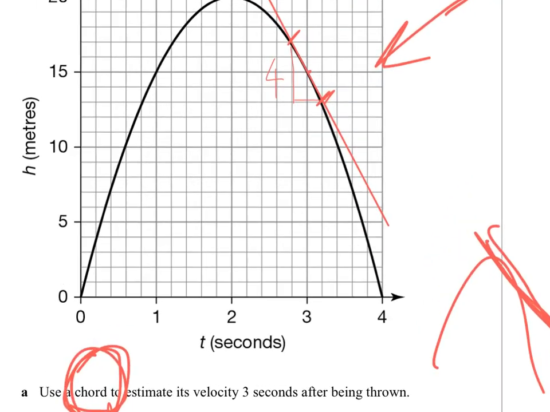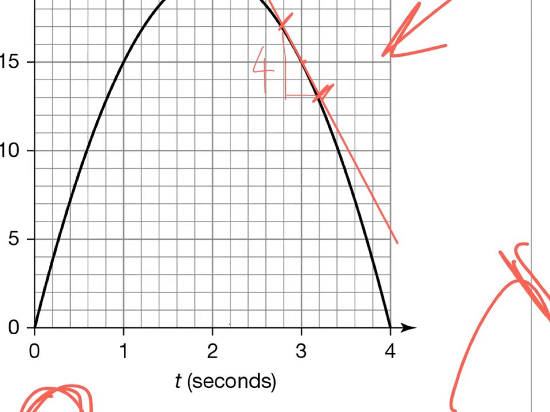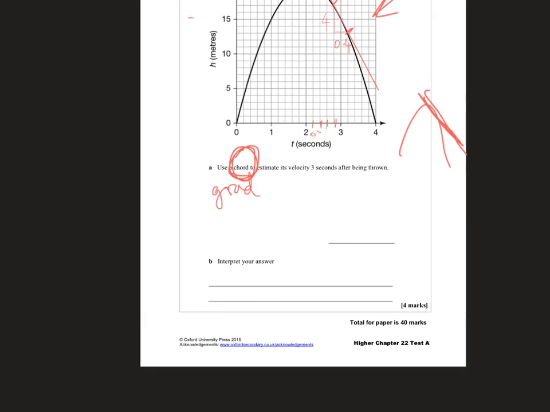But the scale on my x-axis is not the same. If I look at each of these, they've got to be 0.2 each. So this is 0.4. So change in y is 4 divided by 0.4. Let's multiply them both by 10. 40 divided by 4, which is 10.